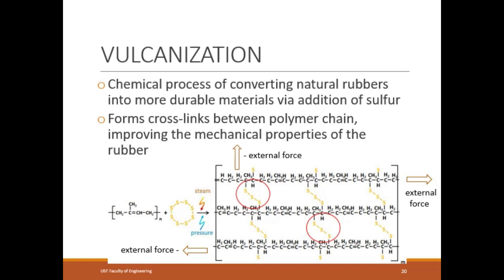So the presence of sulfur would restrict any strong deformation of the material, thus improving its strength. This vulcanization process paved the way for many practical and commercial uses of rubber, such as in automobile tires and dentures.